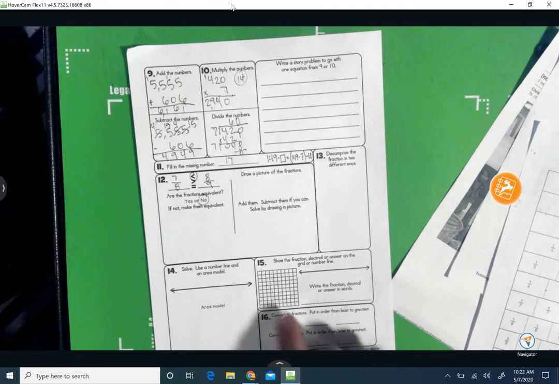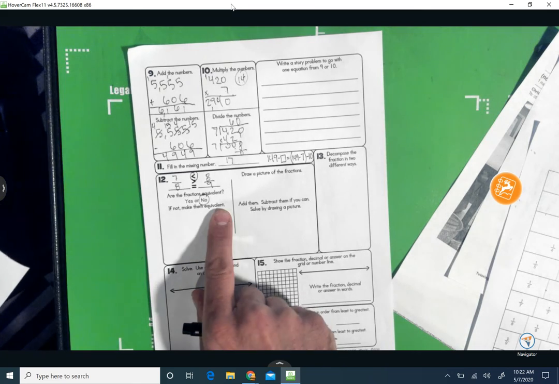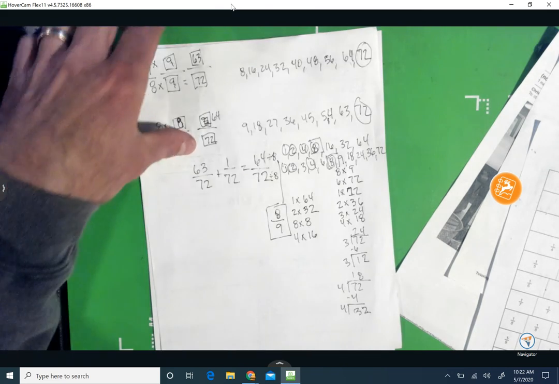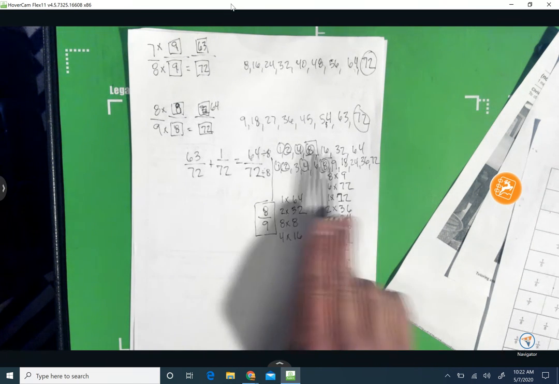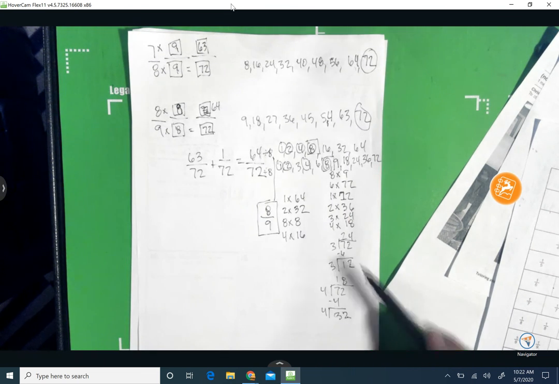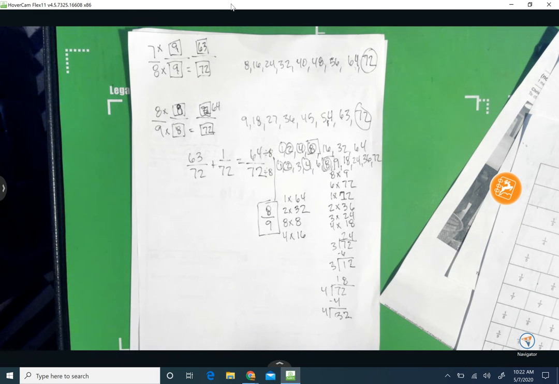That's what it asks you to do: if not, make them equivalent. It's more or less telling you what to do. So we then put our answer into simplest form by using the greatest common factor and using long division as a strategy to help us not miss any sneaky factors. 3s, 4s, 6s, 7s, 8s, those are rather sneaky factors. And so we've got to use long division to help us determine that.